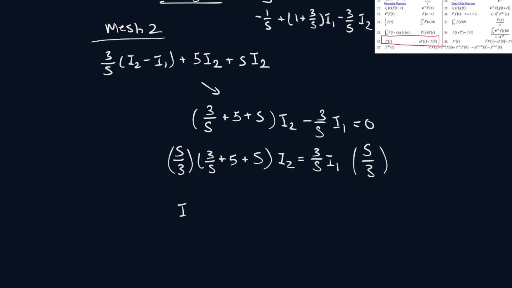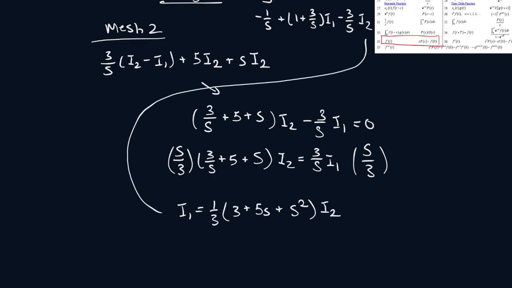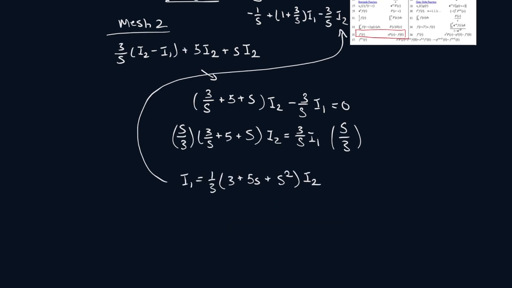So your I1 will be equal to 1 over 3 times 3 plus 5S plus S squared times I2. And then you put that into here, okay?